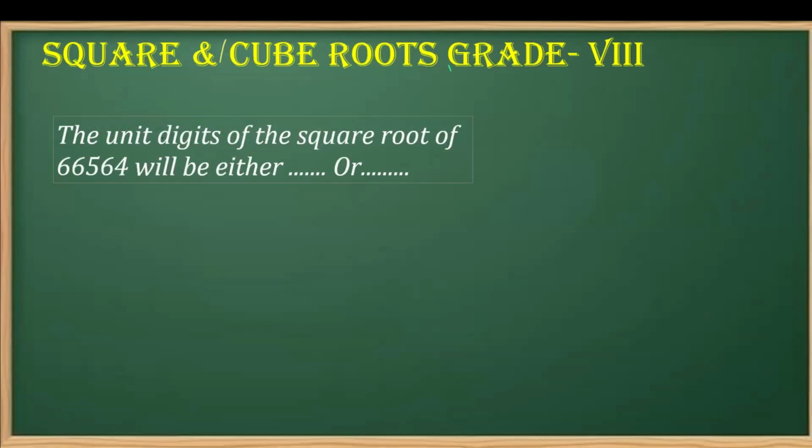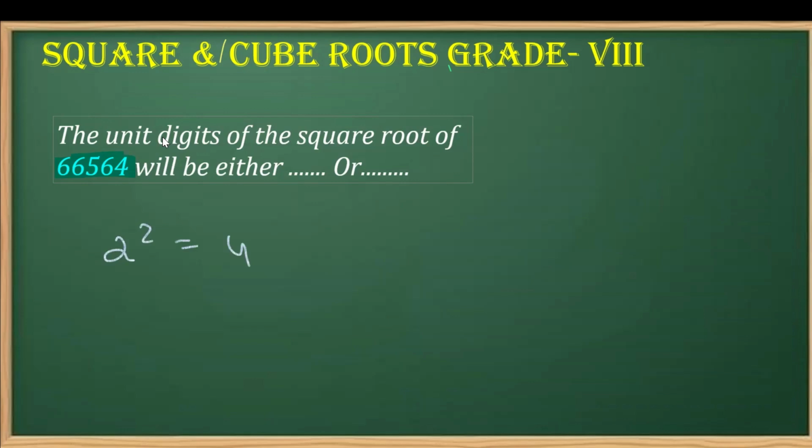Now the next question says the unit digit of the square root of the following number will be either dash or dash. That means we have to look for two such digits with which the square root of this will end. Well, we can do it in a reverse manner also. We know that 2 square ends with 4.